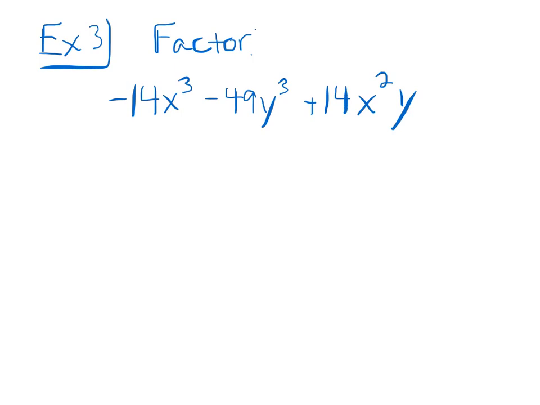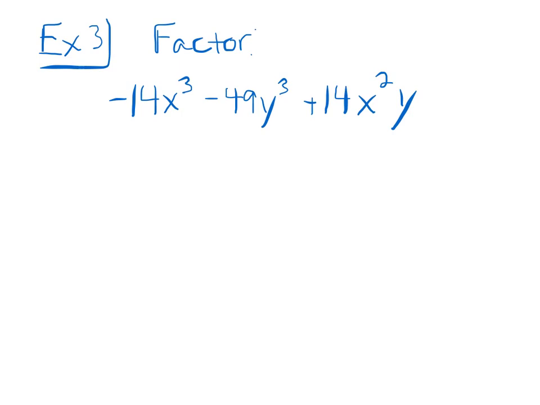All right, so first thing I need to do is find the greatest common factor of the numbers. If I look at this one, the first number that comes to my mind would be 7. That just pops in my head. But I also want to check if 14 could also be a factor.